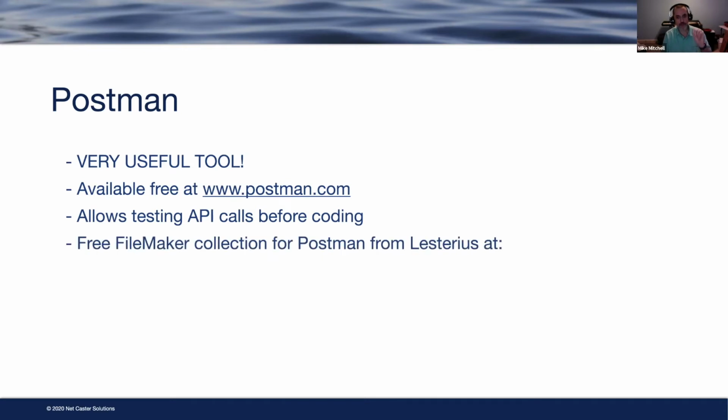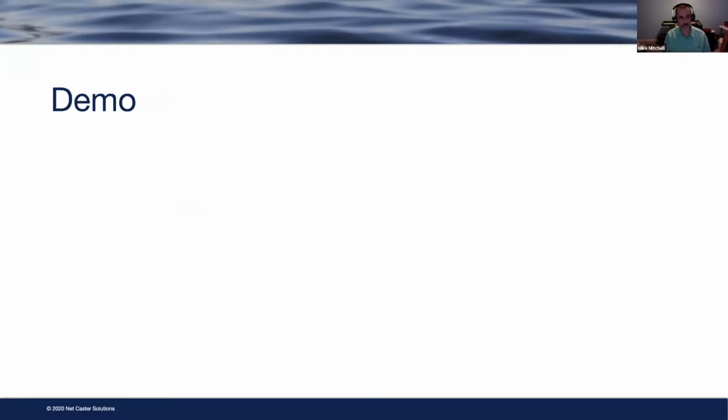Now, another really cool thing about Postman is there is a free FileMaker collection for Postman from Listerius, and that's located on GitHub at that address. That means I can download this collection, load it into my Postman, and I will have all the FileMaker calls pre-built for me.